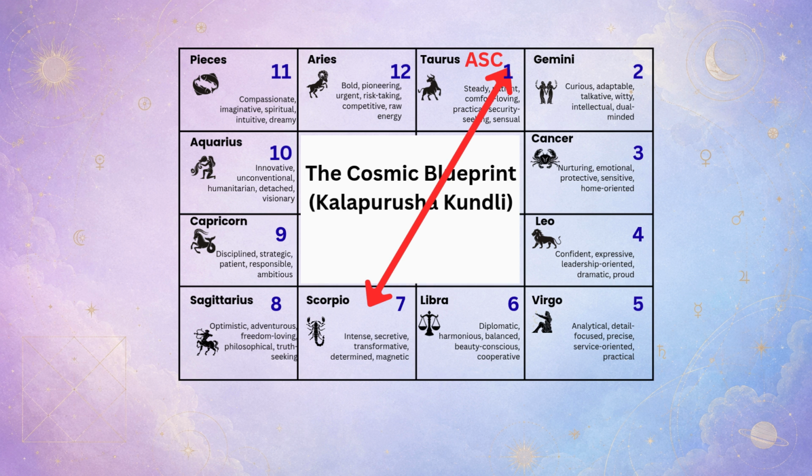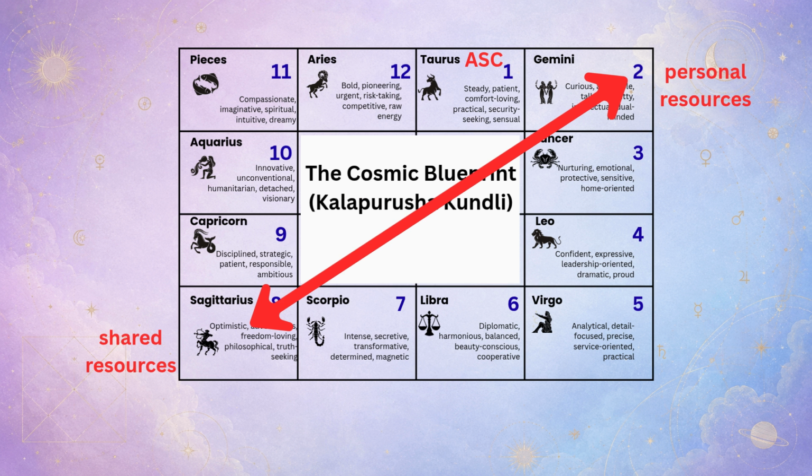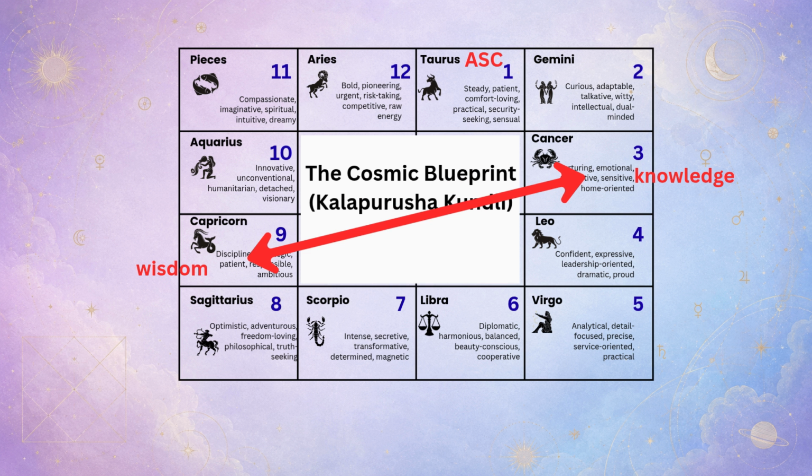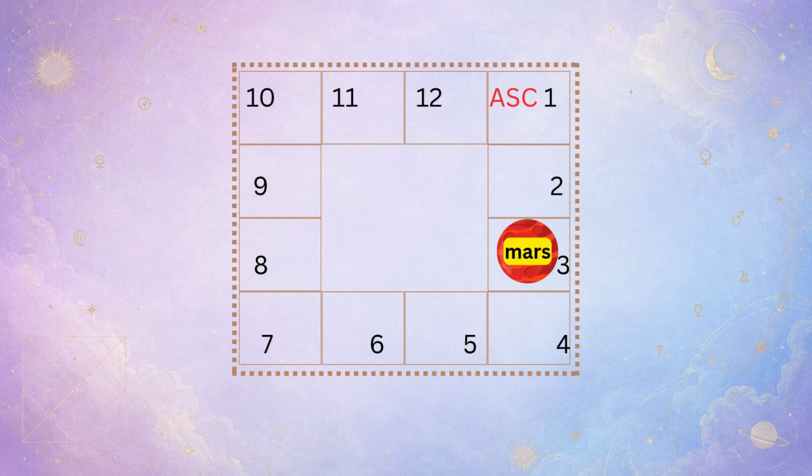The same applies to other important axes such as self and partnership, home and career, personal resources and shared resources, knowledge and wisdom, and so on. This makes it easier to understand how different areas of life interact and what needs to be balanced. It is also easy to count houses and see aspects visually.